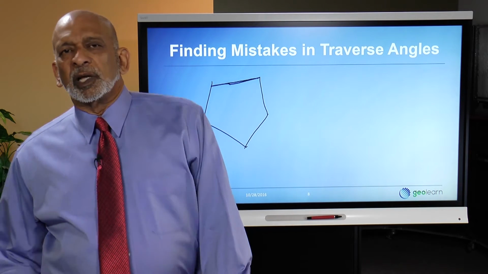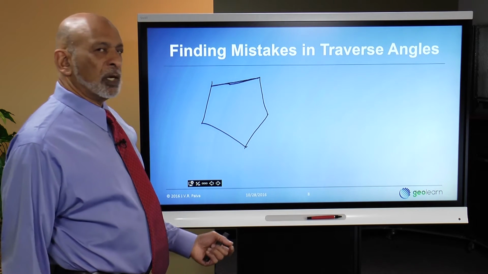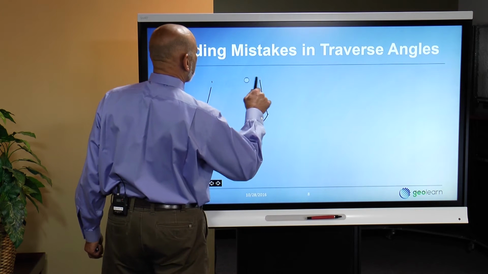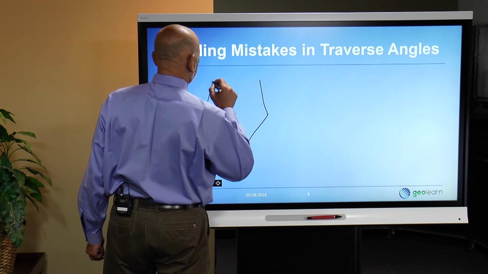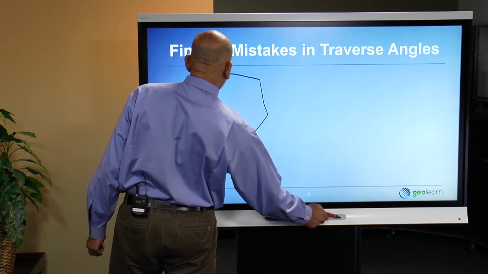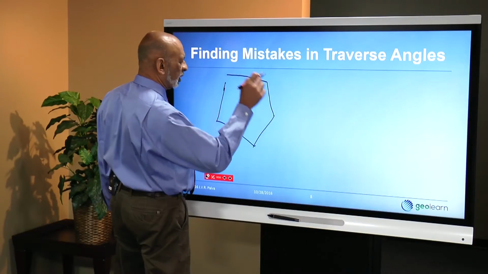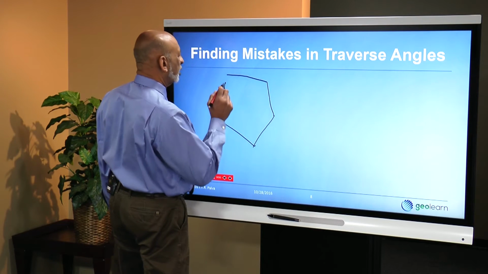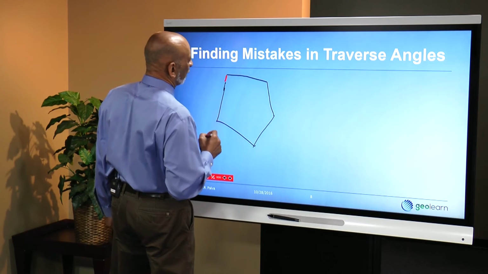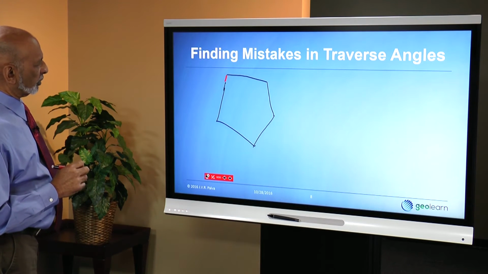One of the things you can do is compute mathematically what the error is in your traverse. So you might wind up with a gap like this. In other words, you physically measured all the angles, you physically measured all the distances so that it closed. But it turns out there's a gap because of some problem with your traverse angles.